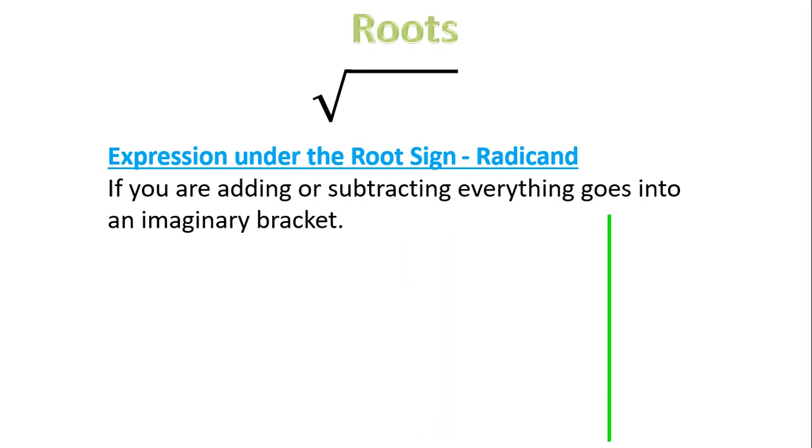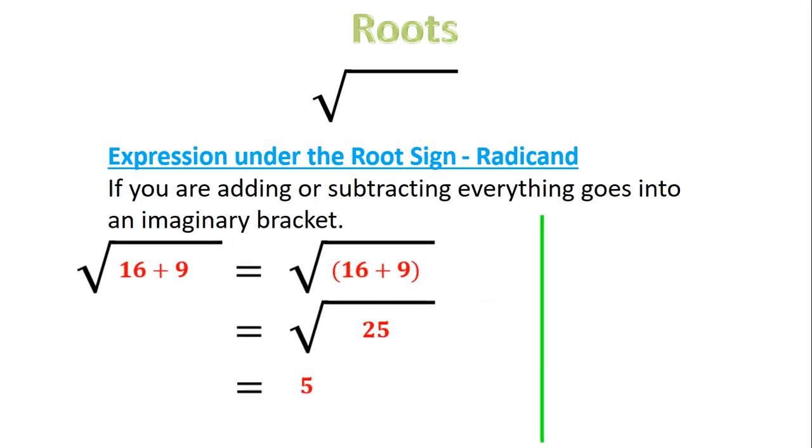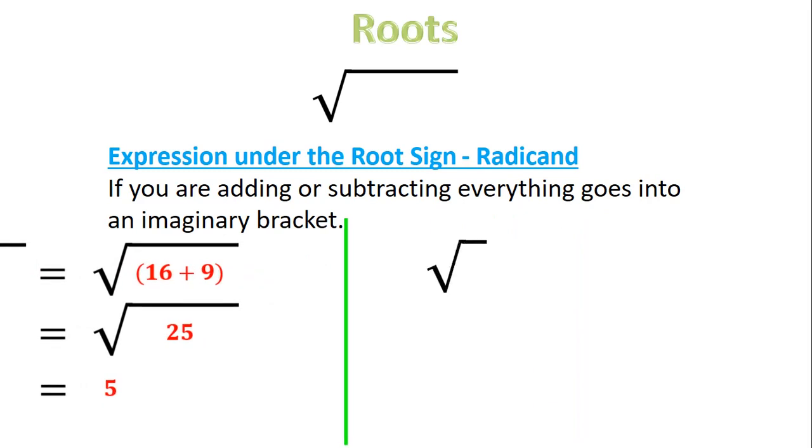On our left hand side here we have the square root of 16 plus 9. So if we then add 16 and 9 together, as we've said, put it in a bracket, we get the square root of 25, which is 5. Now, on the other hand, if we break it, and so we get the square root of 16 plus the square root of 9.